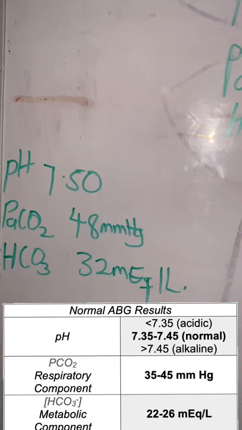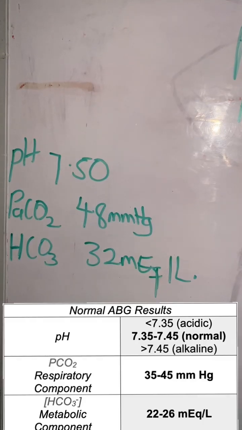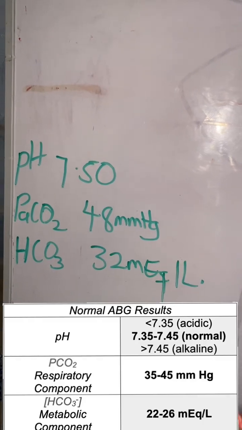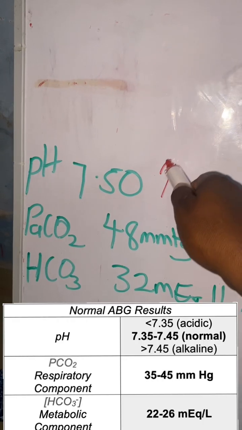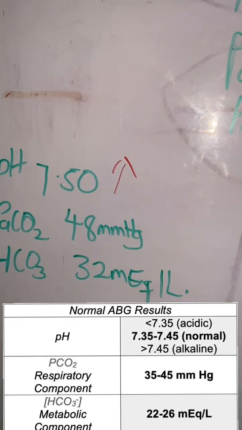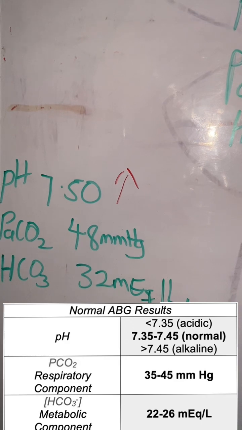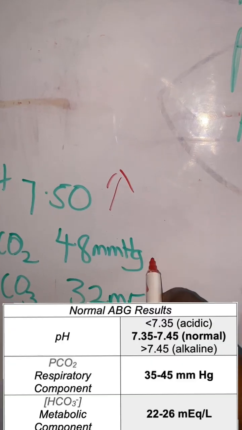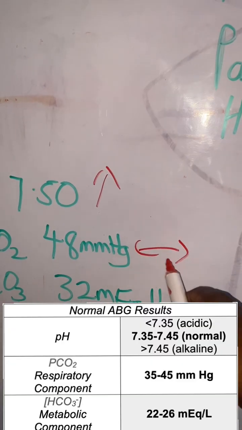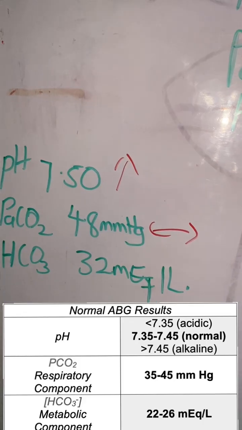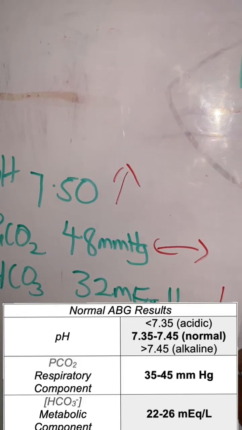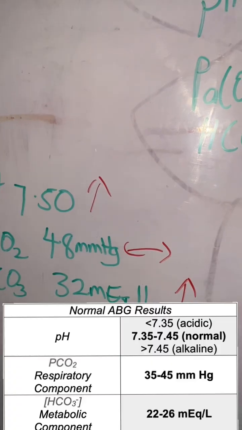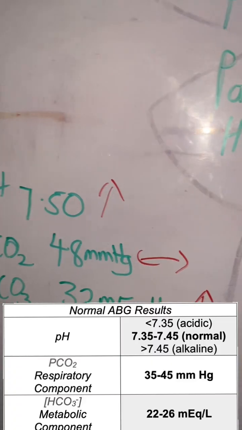The final one: pH of 7.50 is high. Carbon dioxide is normal. Bicarb is high. And so this together will give you what?